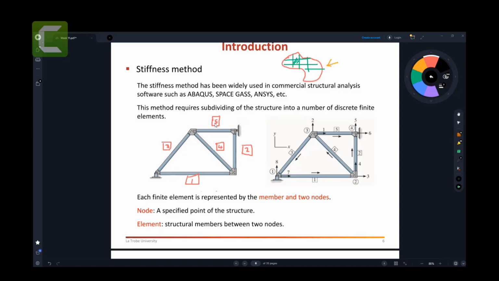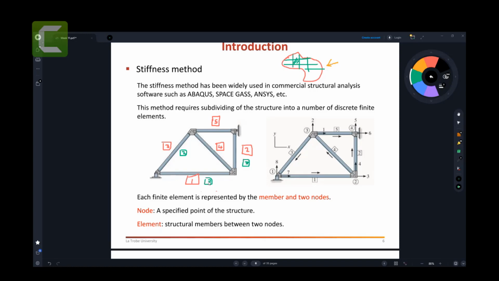Do you understand, everyone? What I've done is take the whole truss system, divide it, and count it into 5 members. So 1, 2, 3, 4, and 5. The number with the square represents the member number. Now, does it matter if I put 1 here and 3 here and 2 here?